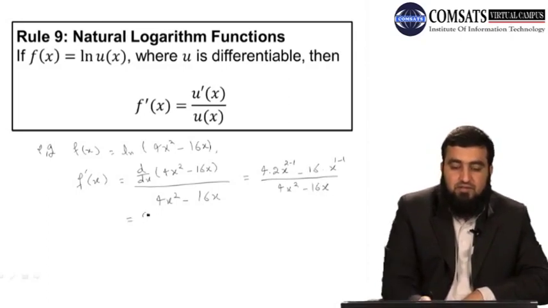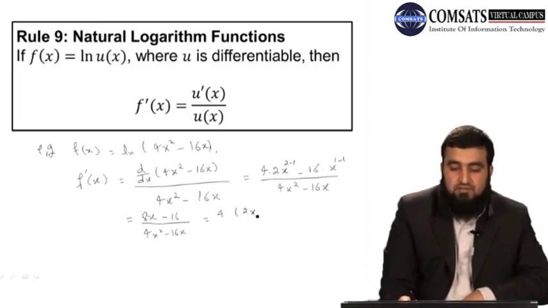So this is equal to 8x minus 16, क्योंकि 16 के साथ जो है वो x to the power 0 है जो कि 1 के बराबर है, divided by 4x square minus 16x. So we can take 4 common here.